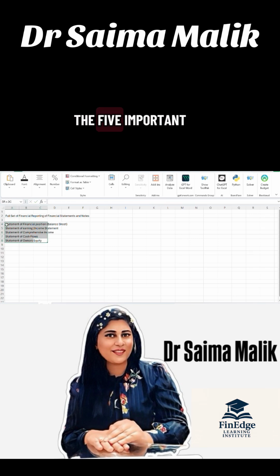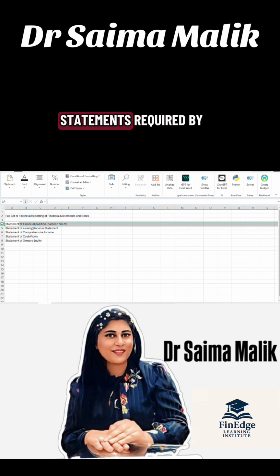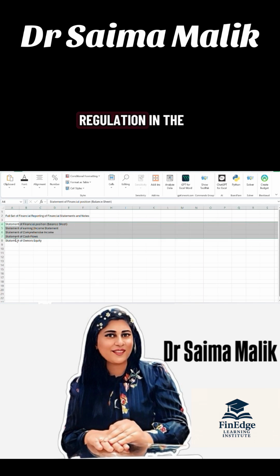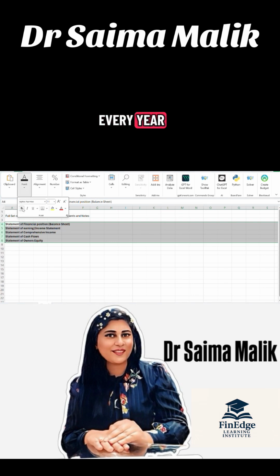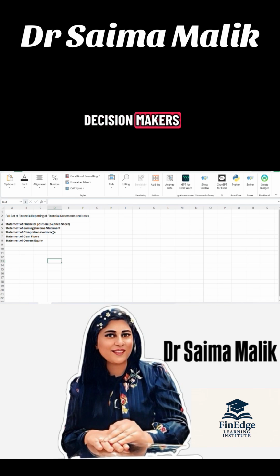So these are the five important statements required by the regulation in the US GAAP for every company to report every year, so that the decision makers, internal and external users, are able to make their financial decisions based on these.